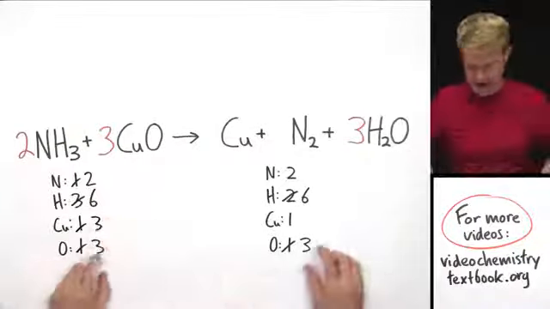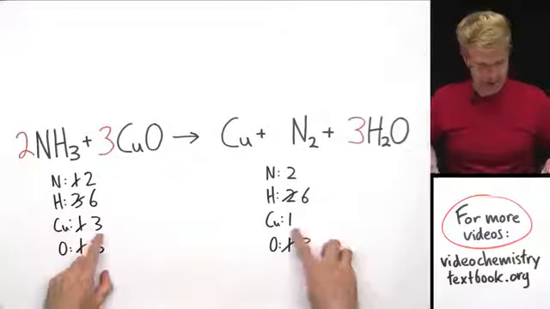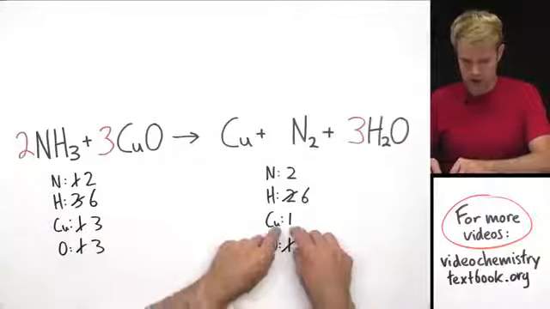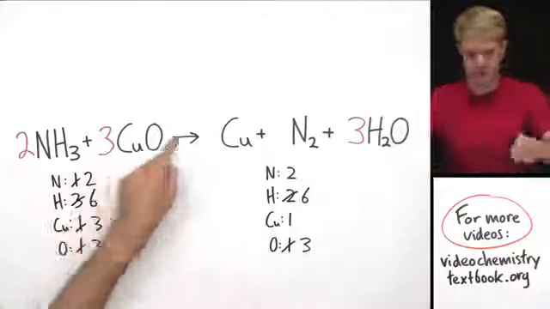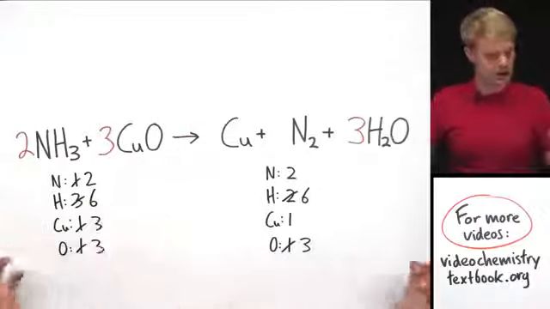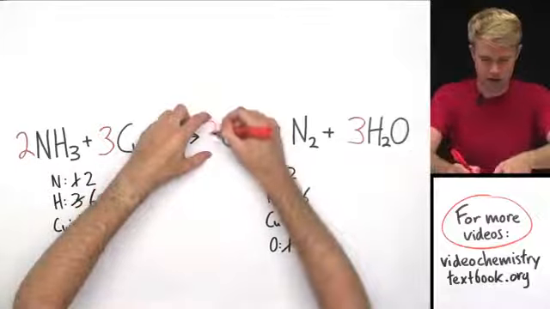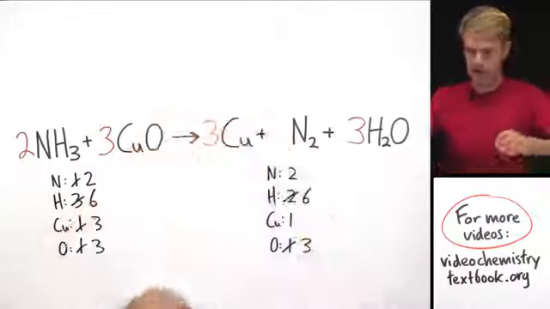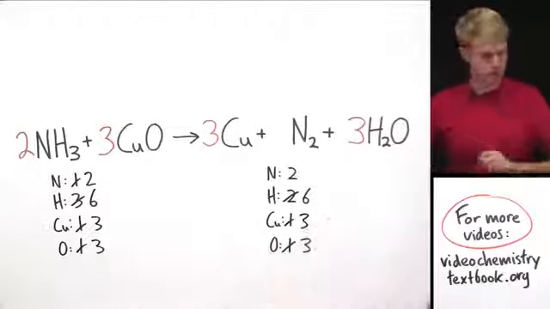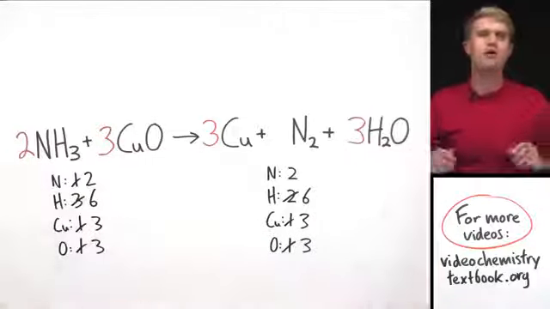Okay, so now my oxygens balance, but my copper is still a problem here. I need 3 on this side because I have 3 on that side, but luckily copper is by itself. So that's what I say, like at the very end you can go through and fix this stuff. So I'll put a 3 there in front of copper. So 3 times 1 gives me 3 for copper. So this balances now.